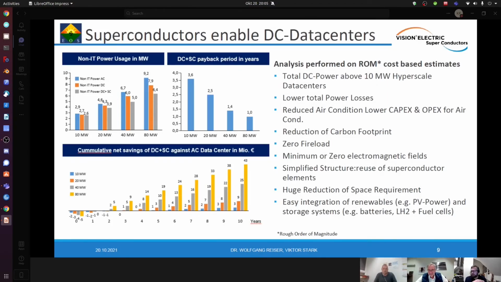So, for example, we take the 80 megawatt data center here. You will have a positive cash flow here in the second year, which if you sum it up for a 10 years period, so if you really look for 10 years operation of this data center, it would mean that you save 43 million euro within this 10 years, given German electricity prices.